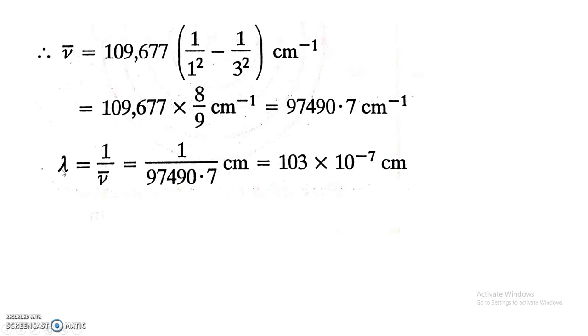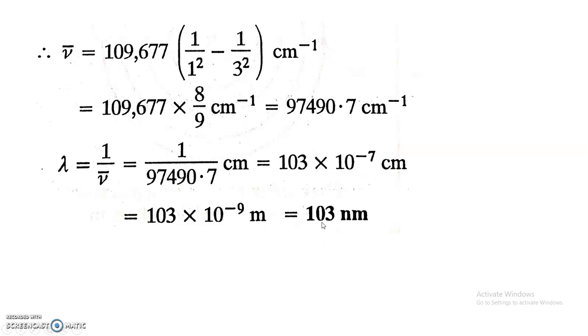So this is the nu bar. But lambda, that is wavelength, is the reciprocal of wave number. So it is equal to 1 upon 97490.7, which is 103 into 10 raised to minus 7 centimeter. This is the wavelength in centimeter. Now 1 nanometer equals 10 raised to minus 9 meters, so just convert this centimeter to nanometer.